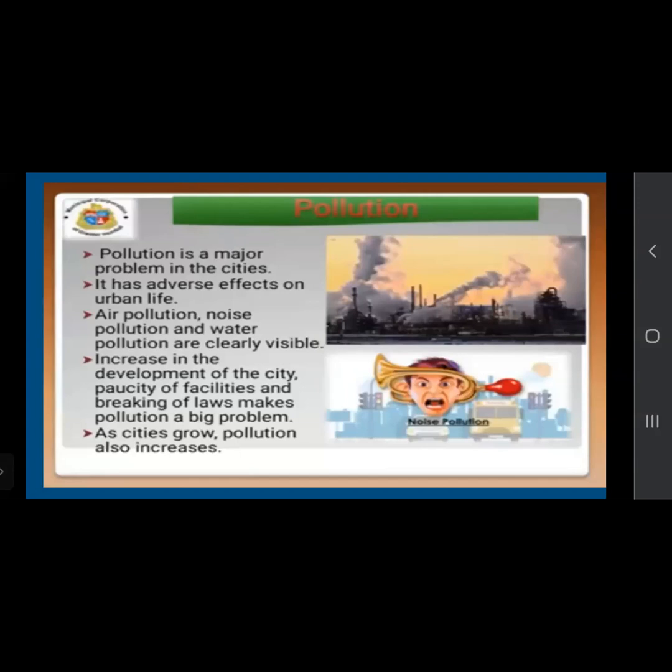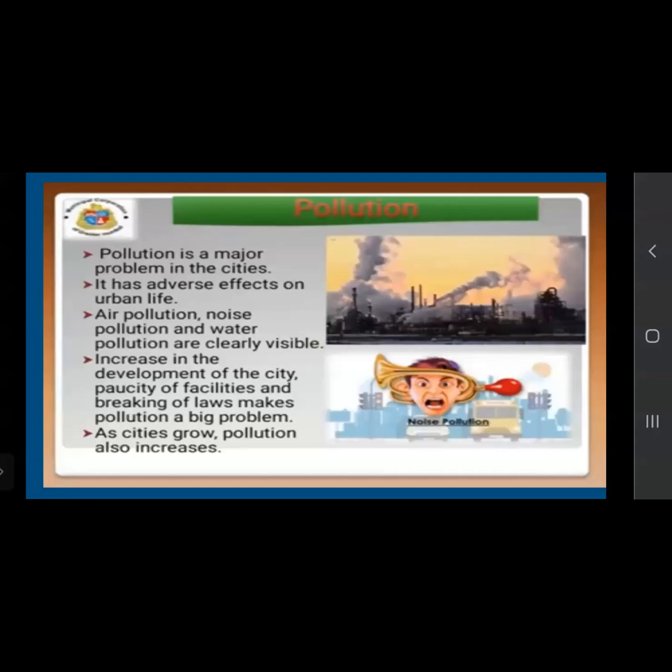As cities grow, pollution also increases. As more and more cities are growing, pollution is also on the rise. You can see in the first picture how poisonous gases are emitted.